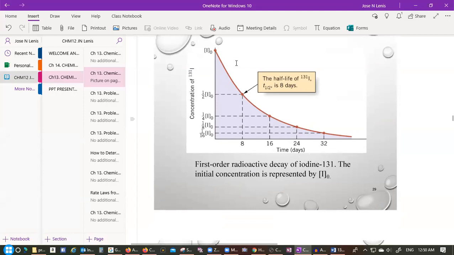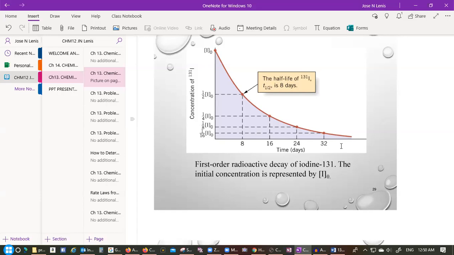And we can graph the activity of the isotope in a graph of concentration over time. It's a typical graph of decay. For iodine specifically, iodine-131, look what happened when we graph.